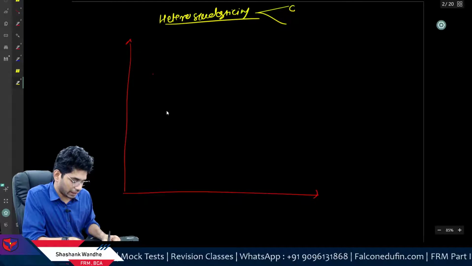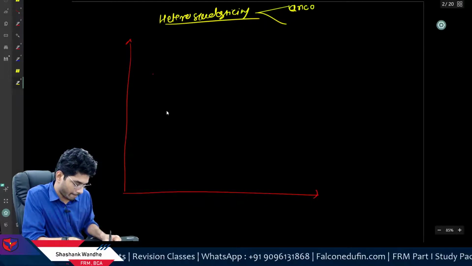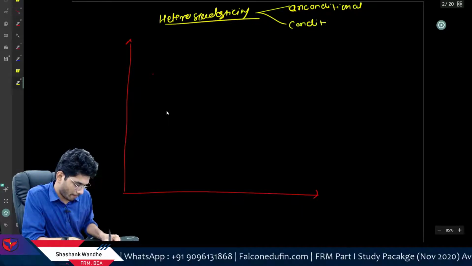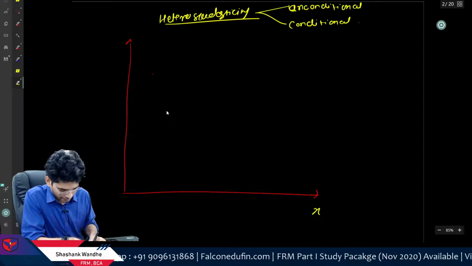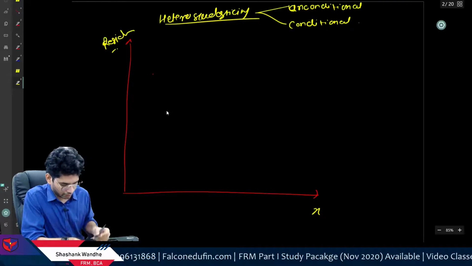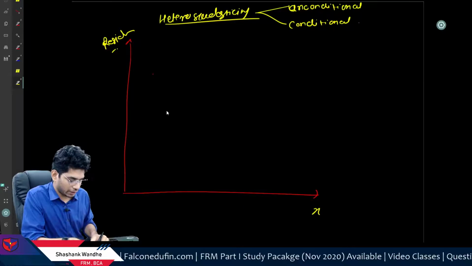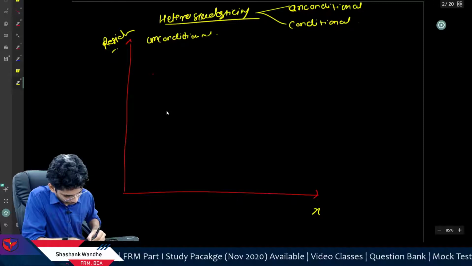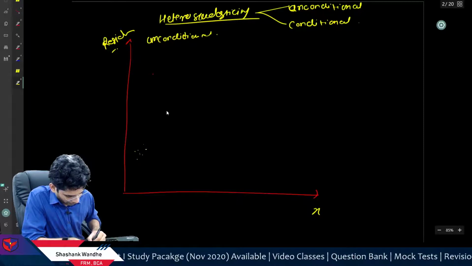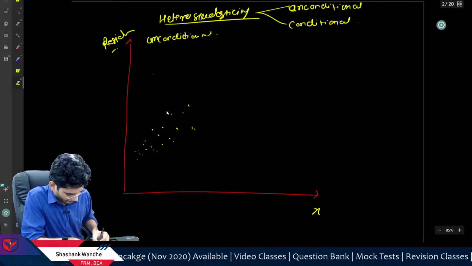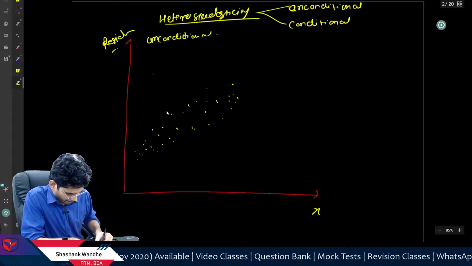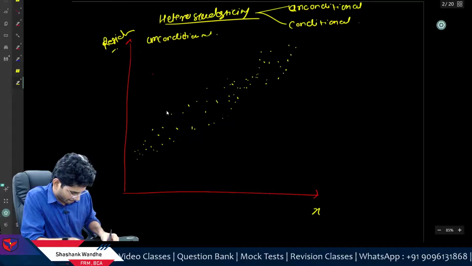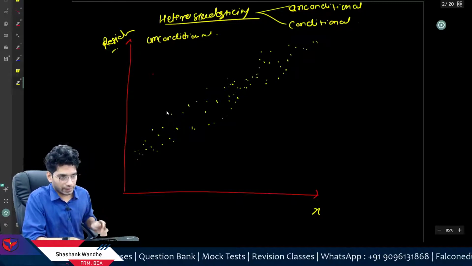First we will see the unconditional and then we will see the conditional. Again we will plot this same graph. This is your residuals, and in unconditional heteroskedasticity your graph might look like this.